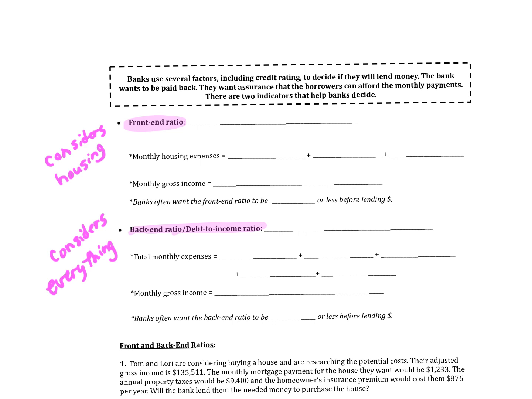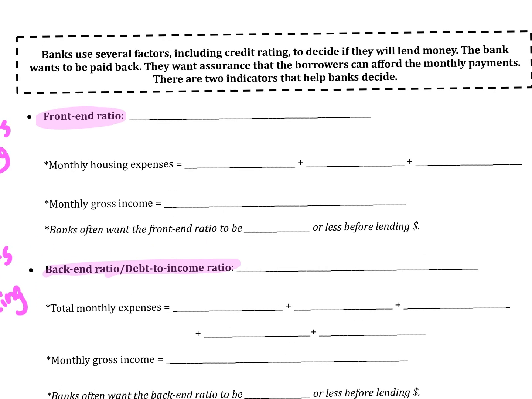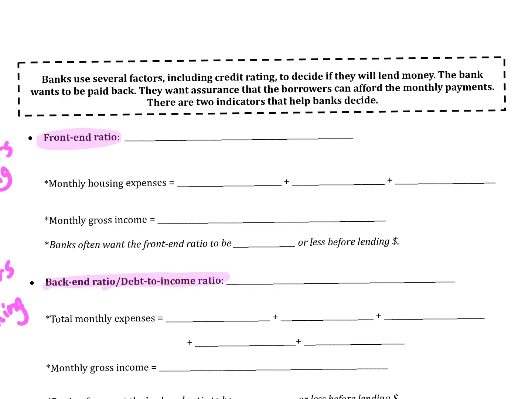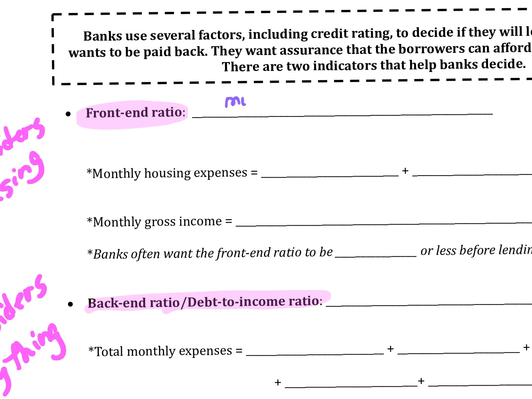All right, let's take a look here. The front-end ratio means we are looking at your monthly housing expenses over your monthly gross income.